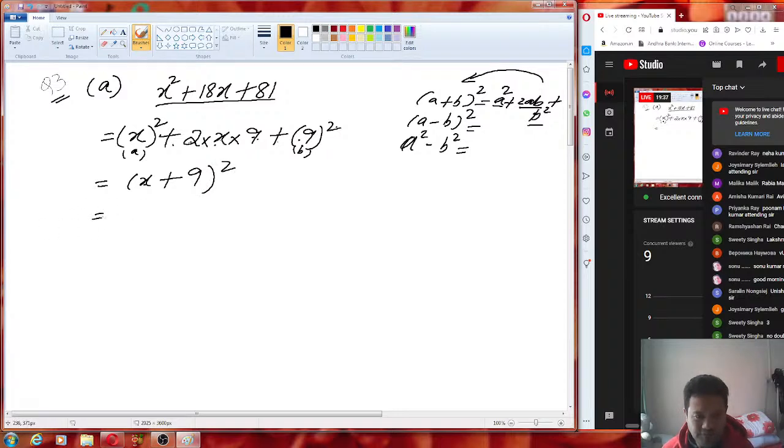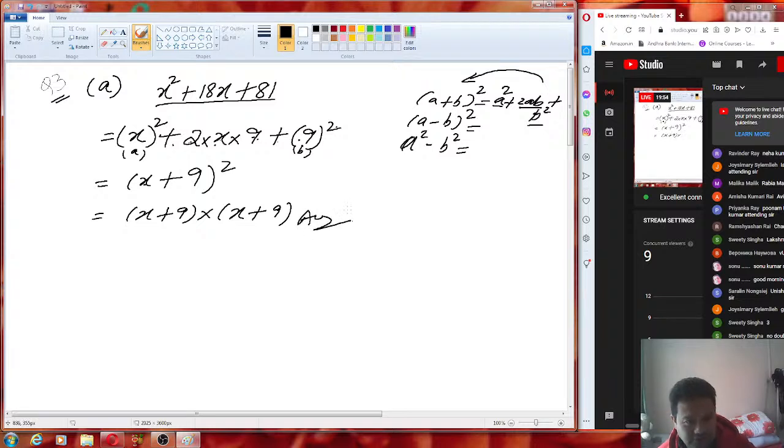But to bring it in the form of factorization, you have to write x plus 9 two times, because (x plus 9) holding square. So this is the factor, (x plus 9) into (x plus 9). This is our final answer, and this is called factorization using identities.